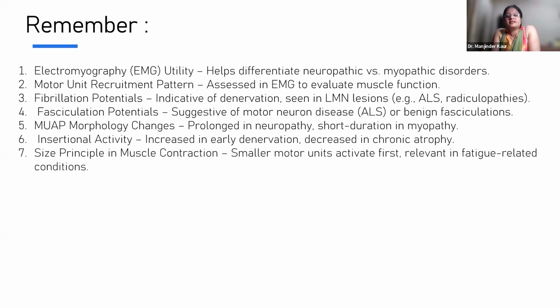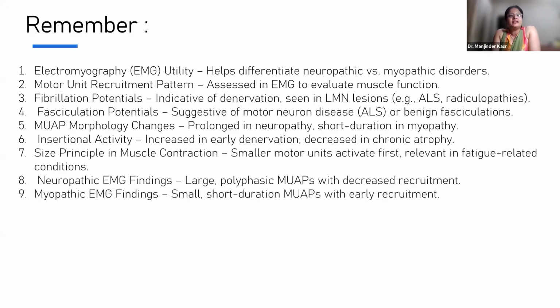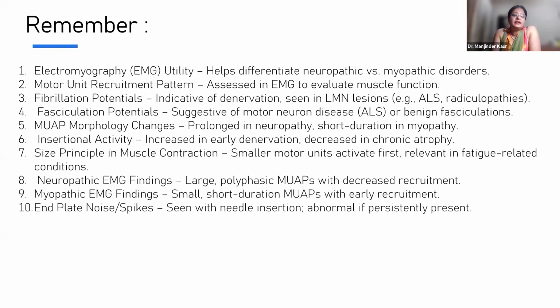The size principle says that the smaller motor units get activated first, and then the larger motor units are activated. The neuropathic EMG findings show large polyphasic MUAPs with decreased recruitment, and the myopathic EMG findings have small short duration MUAPs with early recruitment. The end plate noise or spikes are seen with needle insertion, and they are abnormal if they are persistent.